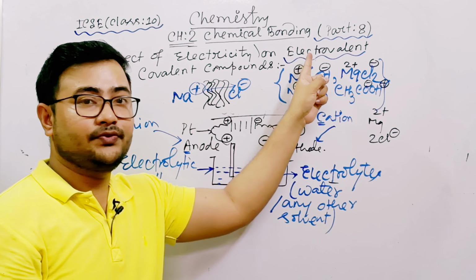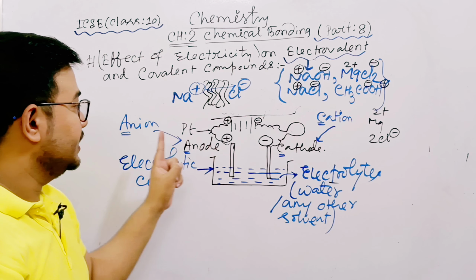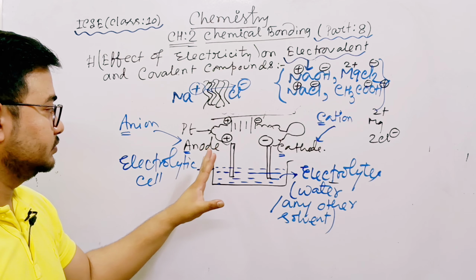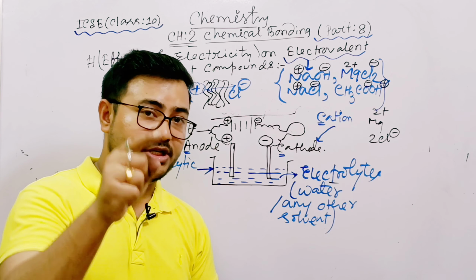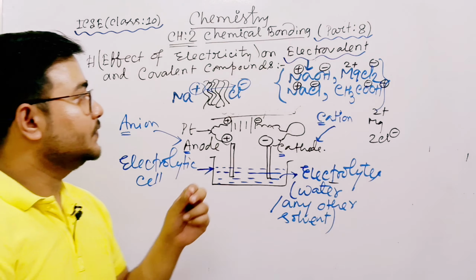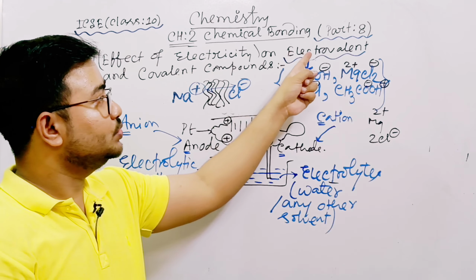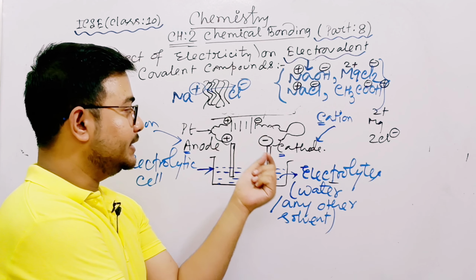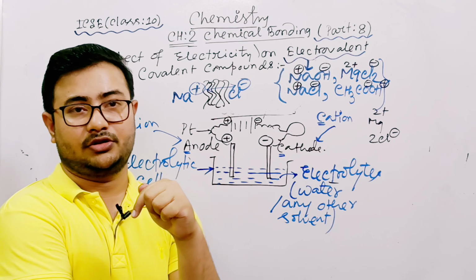So what is the answer for your board exam? The best answer, if it is possible, you can draw this in your exam paper. So first, what is the question? Write down the question. Question is, if you pass the electricity into the electrovalent compound, then the bulb connected to the battery will glow or not?